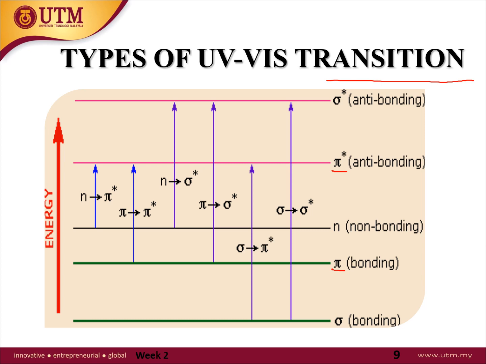What if you don't have a double bond or triple bond? You still can have a UV visible transition between n to pi star, non-bonding to anti-bonding, or you can have sigma jump up into sigma star, the anti-bonding. The energy between sigma to sigma star is the highest among all.